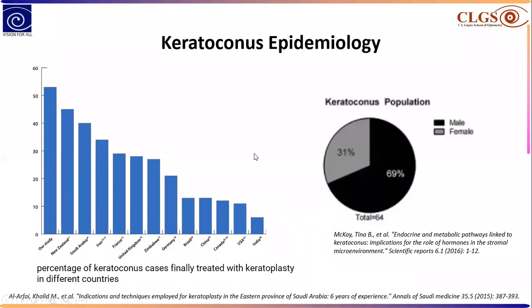There are also a lot of studies on whether it affects males or females more. This particular study, with the reference given here done in 2016, shows the prevalence is more in males. There are also studies showing equal prevalence in males and females, but almost all studies show a slightly higher prevalence in males than females.